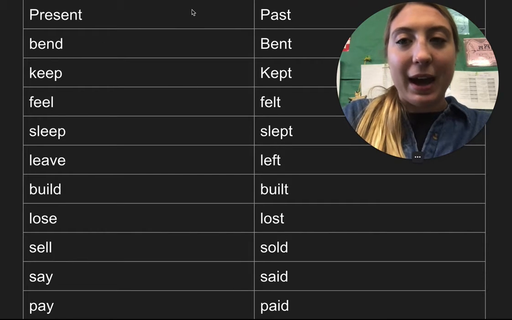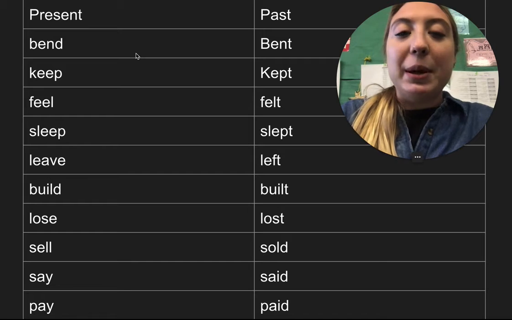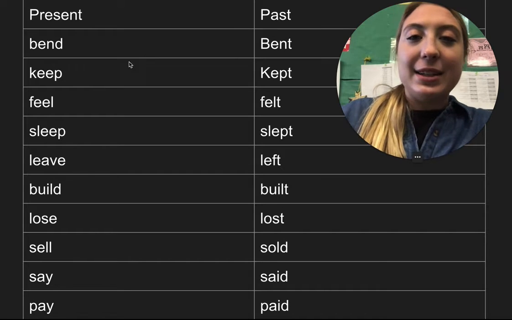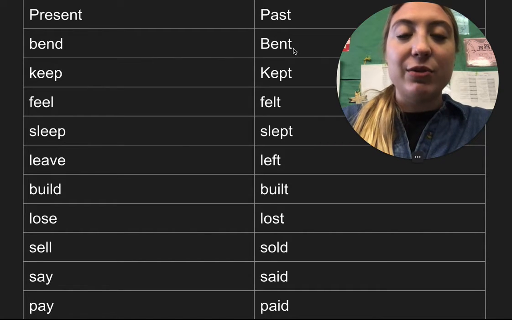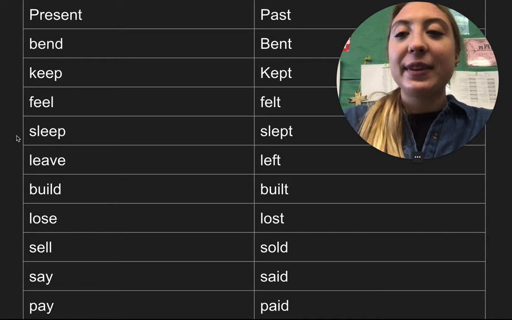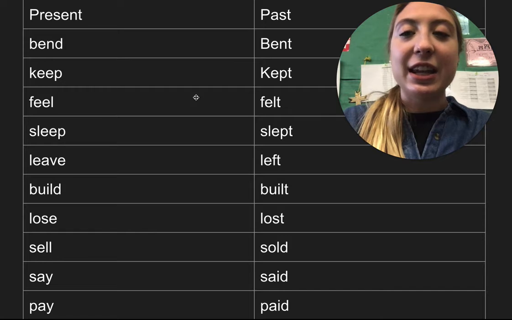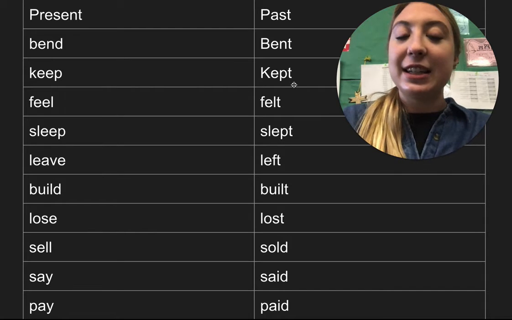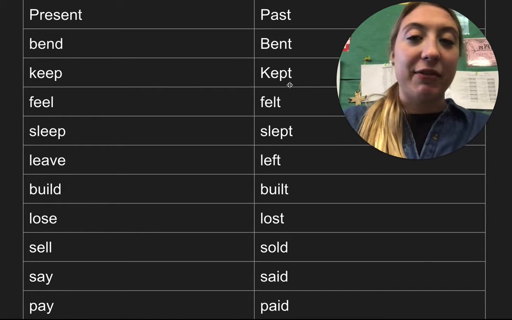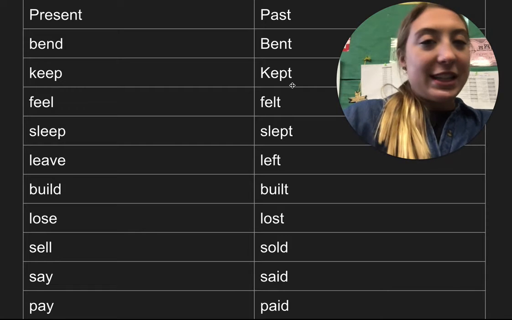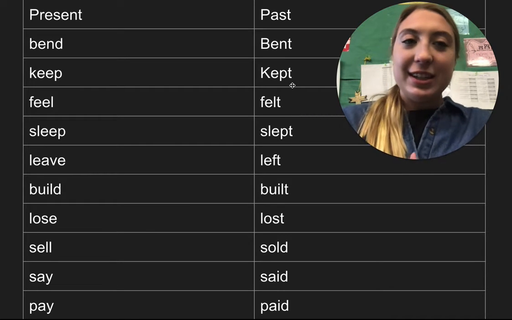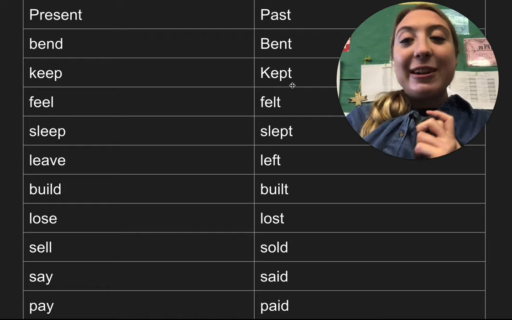These are all in past tense. Present would be bend, and to make it past tense, we're just changing the last letter to a T, bent. Keep to kept. And you see they took away an E and they added a T at the end. Every word's going to be different, but we're going to be working with ones that change to end in a D or a T today. Tomorrow we'll work with new ones.